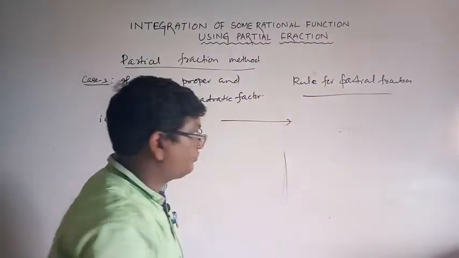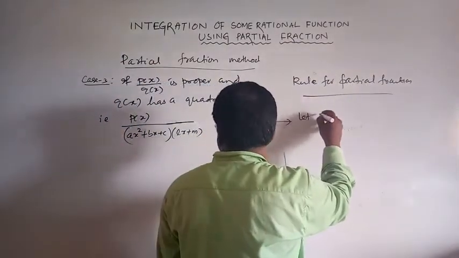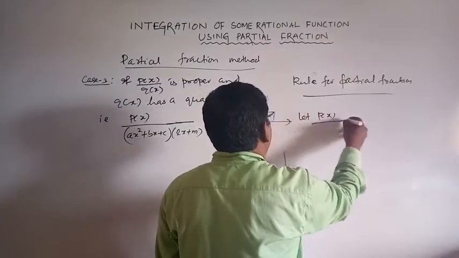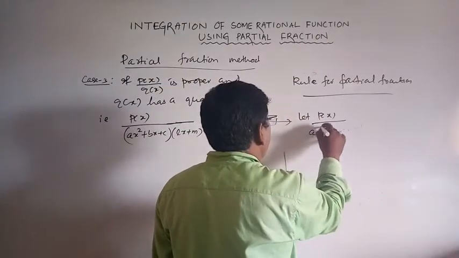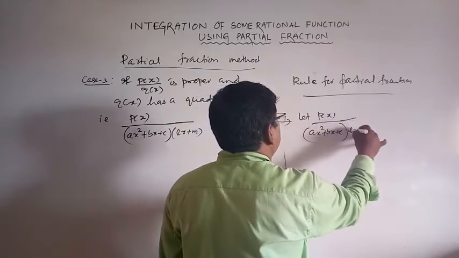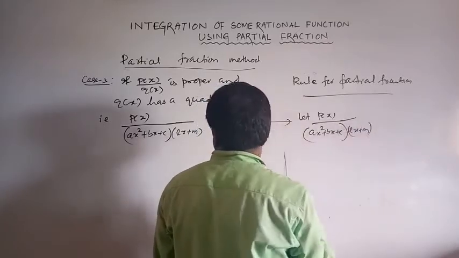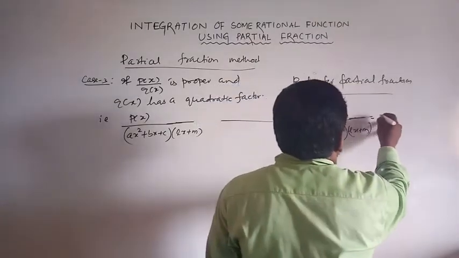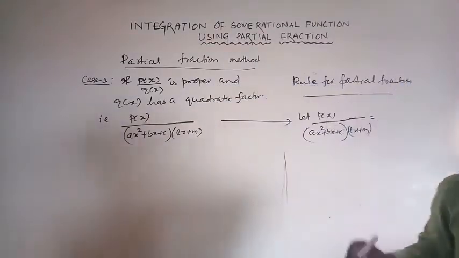Let p(x) divided by (ax squared plus bx plus c) into (lx plus m). Clear? This is equal to what? First write the quadratic term here.